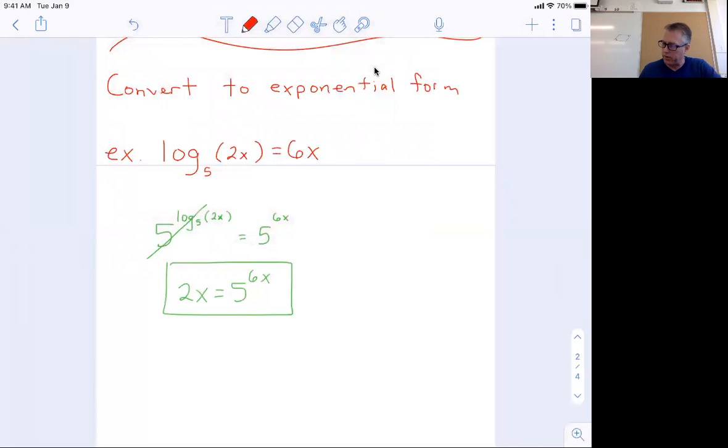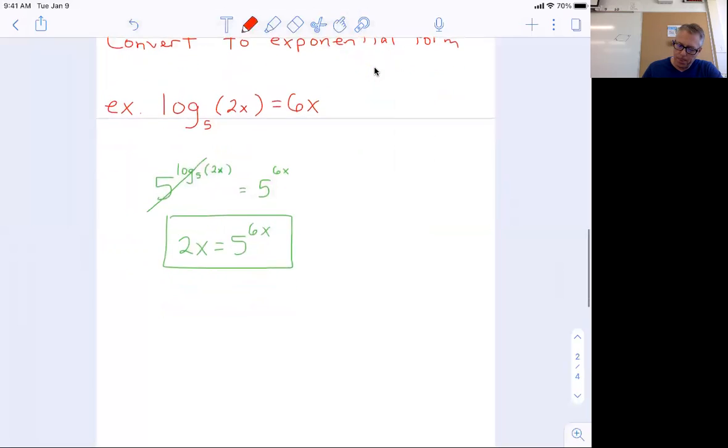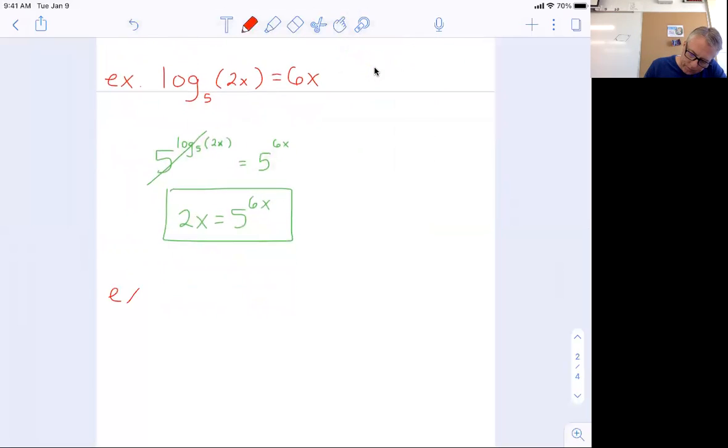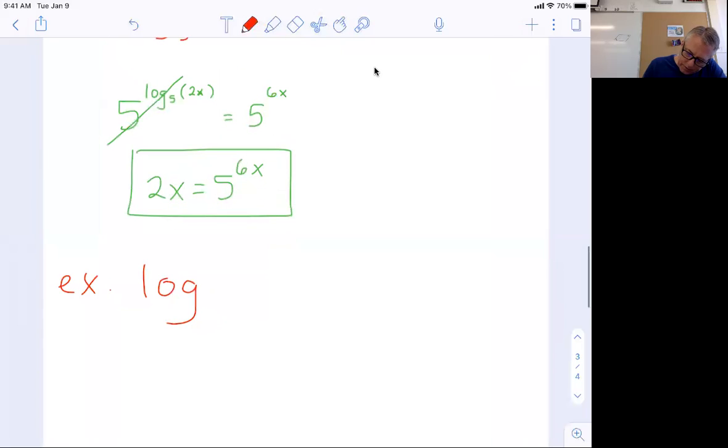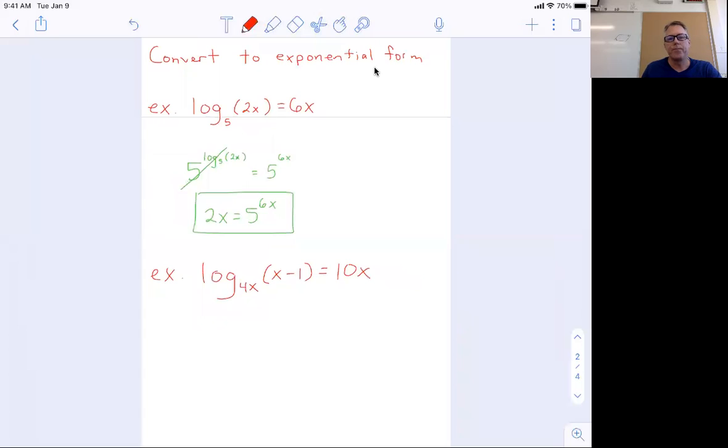So let's do another one here. All right, let's take log base 4x of x minus 1 is equal to 10x. All right, so we want to convert that.